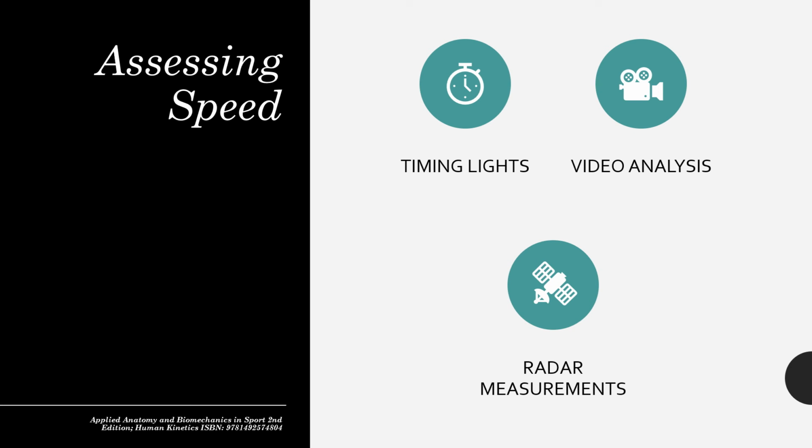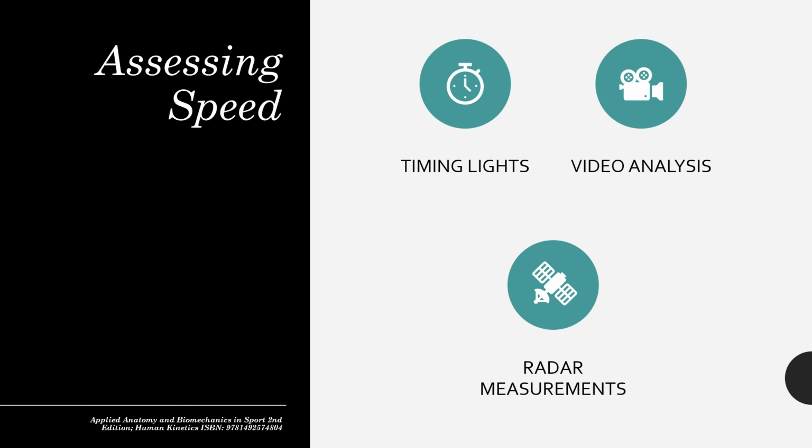All right, so as we've talked about in all of our other units so far, we need to know how to assess somebody's speed. Well, it's pretty easy for the most part. We are usually using straight line speed because it's of the most interest in sport. So we can do timing lights. We tell somebody to start at point A and make them run to point B, and we time the time in between.